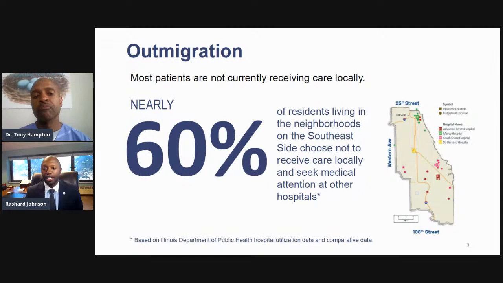So on the south side of Chicago, it's interesting to see that 60% of the residents living within our neighborhood on the southeast side choose not to receive care locally. So they seek medical attention outside of our demographic region, and you can start going into the reasons why you believe that's a challenge.